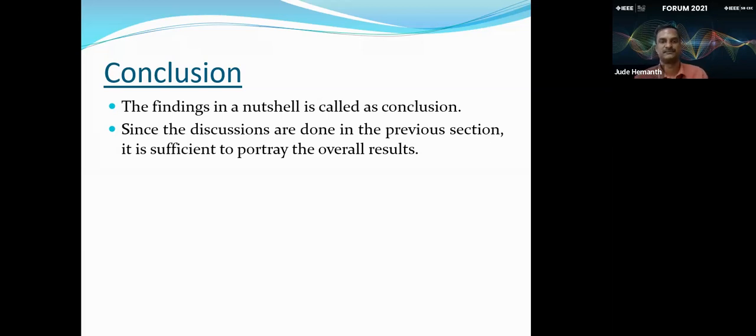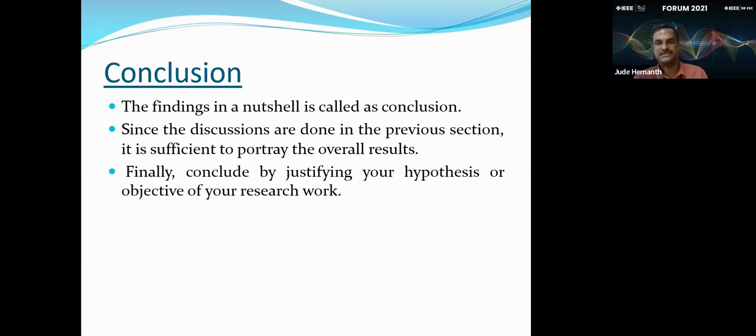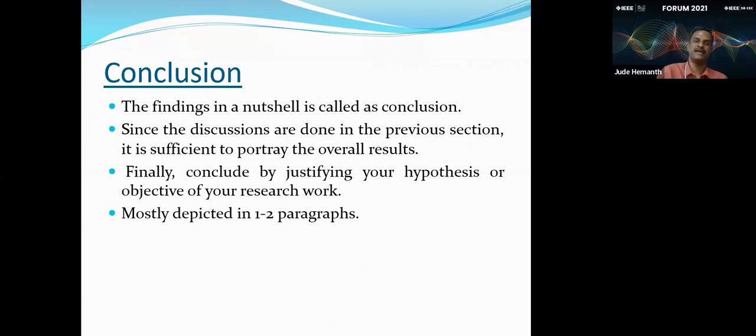That is fine. And also you have to justify your hypothesis. That means you have started your title by specifying some key methodology for solving a problem. Whether you have achieved that with your results, with your methodologies, that you need to justify in your conclusion section. Mostly depicted in 1 to 2 paragraphs. The second paragraph may have a future scope section.